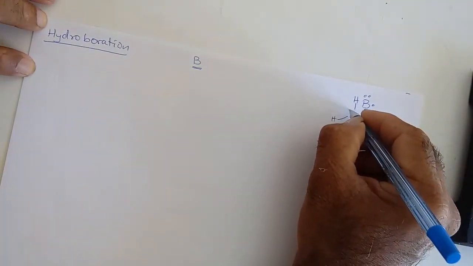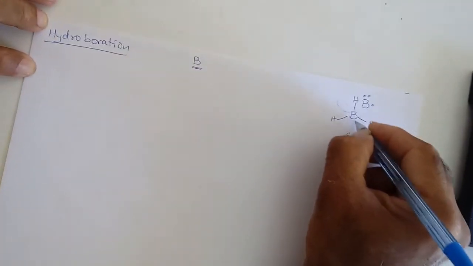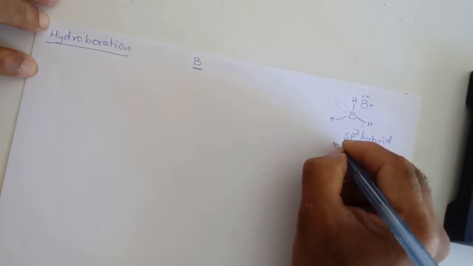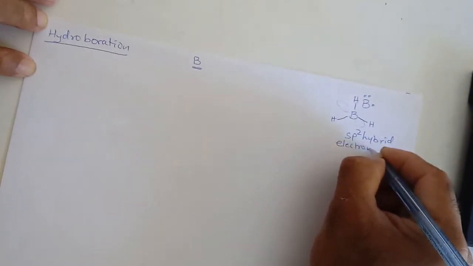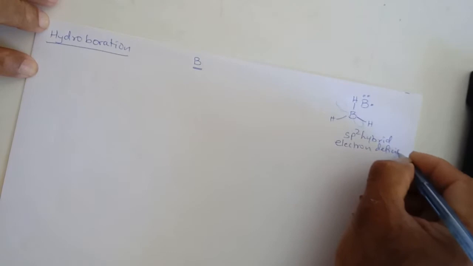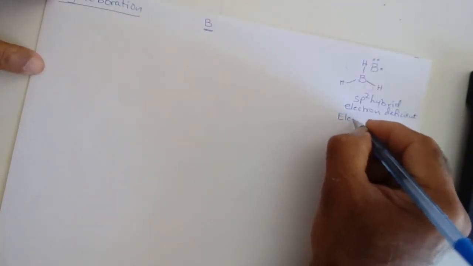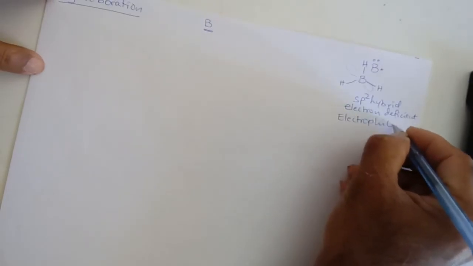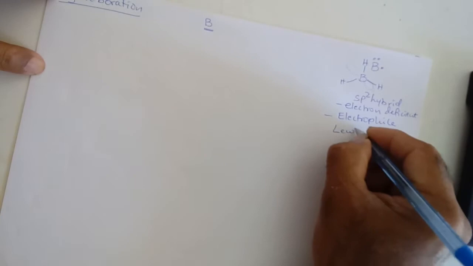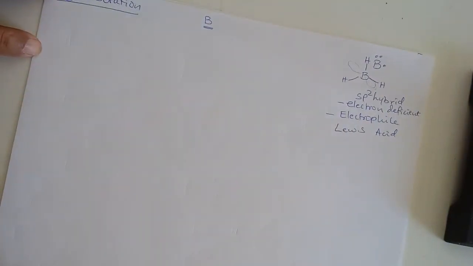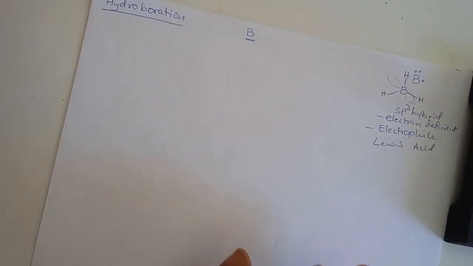It has an empty p orbital, and it is electron deficient. That makes it an ideal electrophile. It is also branded as a Lewis acid. So all these characteristics make hydroboration an interesting diversion from our common game.